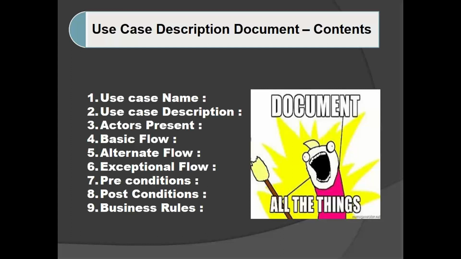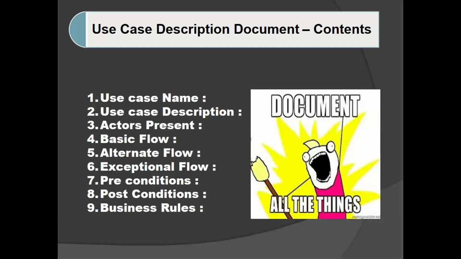If you are asked to write a use case description document with use case name and then use case description and basic flow and preconditions, post conditions, business rules, then we are going to write only with this. Okay, now let me explain each and every content by taking an example. So I will take the example of the login function.